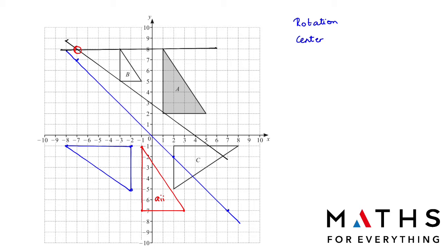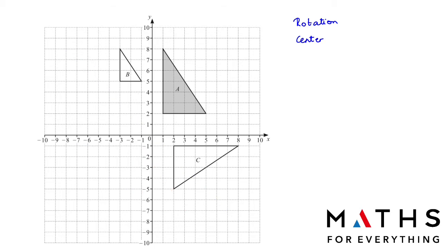Now to find the center of rotation, a tracing paper is very helpful. On a tracing paper, draw the triangle A and the center here, okay? And then put your pencil here and rotate the shape. This should also be rotated, so the whole thing will get rotated.